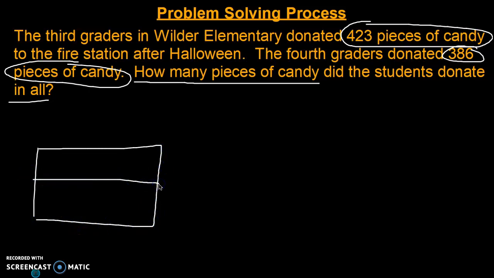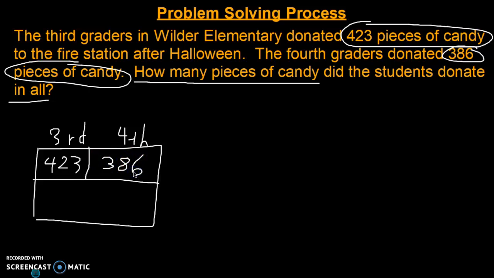We also use this chart. This is called a part-whole chart, or sometimes we call them strip diagram. On top, we have the parts, which is third grade and fourth grade. Third grade donated 423 pieces of candy. Fourth grade donated 386 pieces of candy. At the bottom is supposed to be for the total.